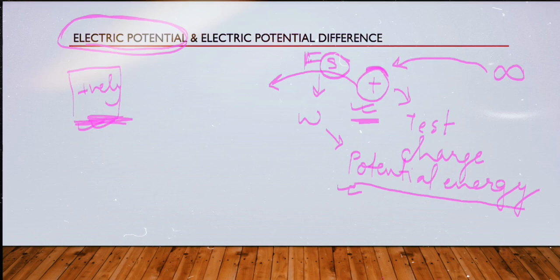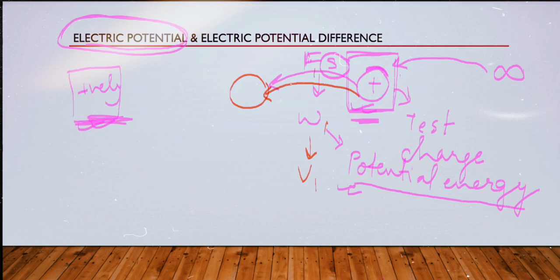Now let us consider the charge was brought from infinity to this point. Initially it was brought from infinity to this point. After applying F1 amount of force, the object was displaced by S, and the work done, let us consider, is W1, and this work done is stored in the form of potential energy, let us consider V1.